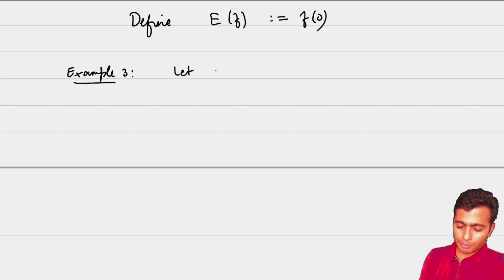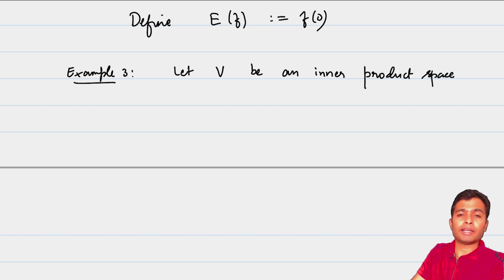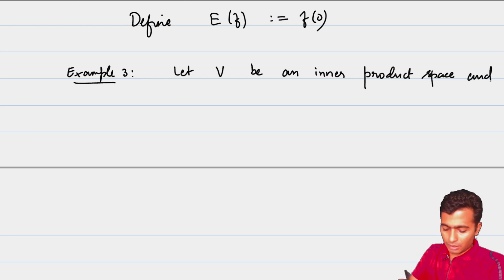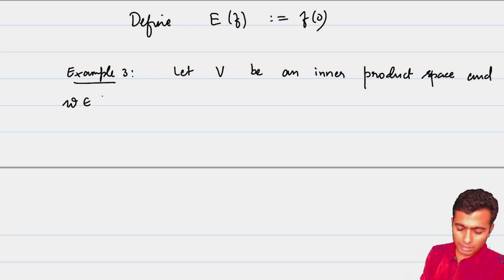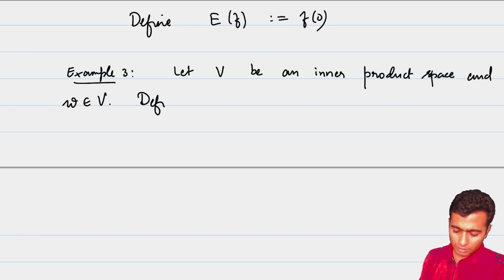Let V be an inner product space. That means we have an inner product at our disposal, and let's fix some vector w in V. Define T of v to be equal to the inner product of v with w.